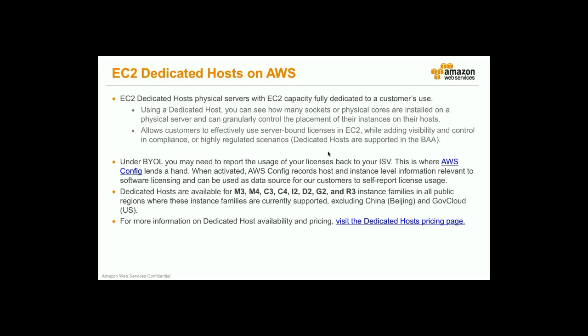And of course you can get lots more granularity in terms of AWS Config, so that you can pass to the auditors all that information that you might require, such as tagging how many virtual CPUs are allocated to a particular piece of software. You'll get these slides afterwards, but there is a dedicated host page which talks about the different products that you might want to have a look through.